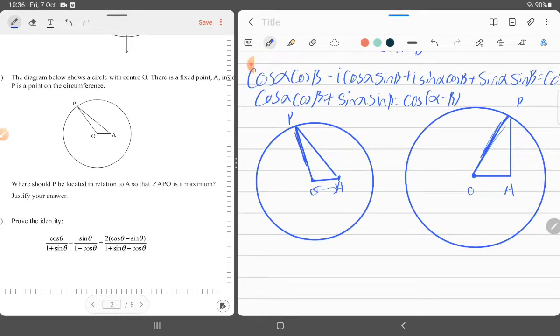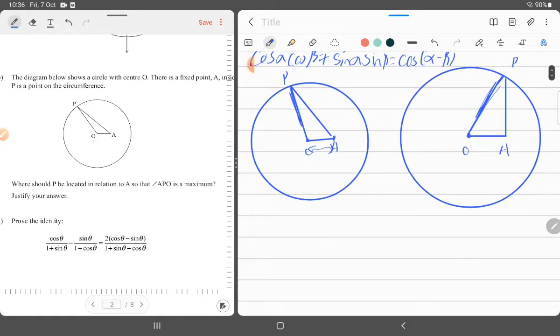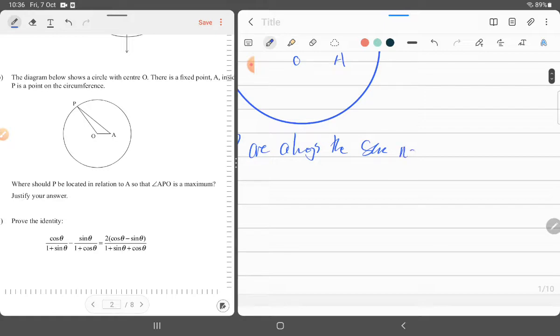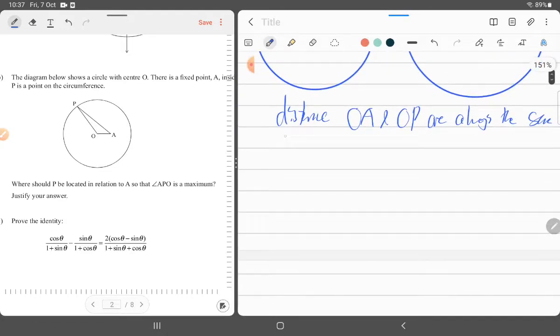Therefore the distances OA and OP are always the same, no matter the displacement of P.